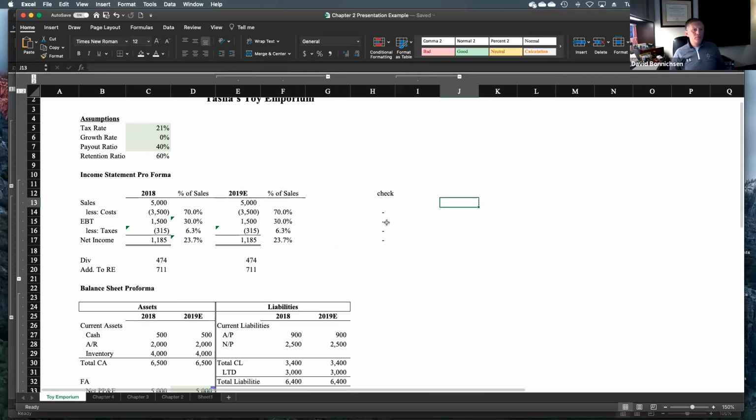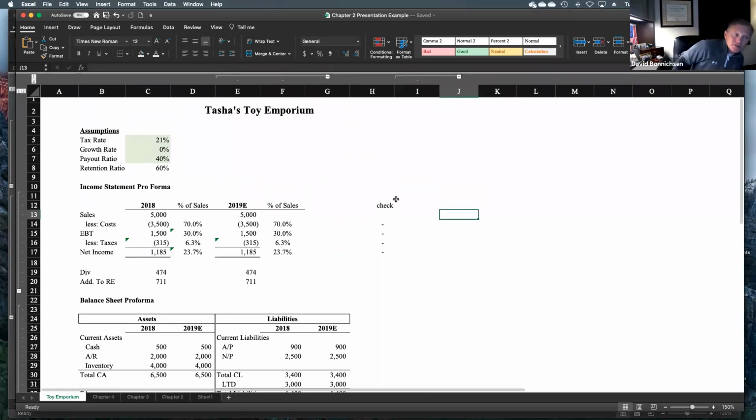So the income statement for Tasha's business is listed right here. She had $5,000 in sales, she had $3,500 in costs, therefore her earnings before taxes was $1,500.